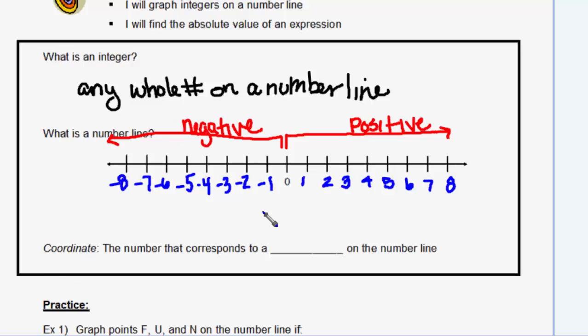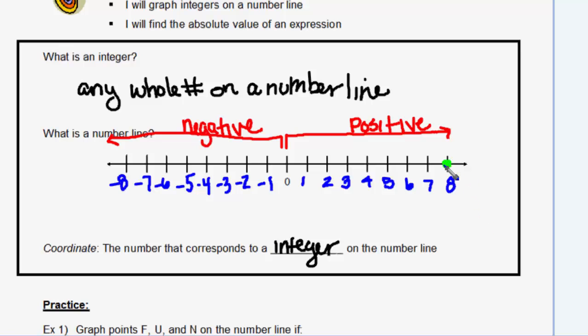And let's talk about a coordinate. A coordinate is a number that corresponds to an integer on the number line. So if I said graph the coordinate of +8, a coordinate would be like a point on the number line.